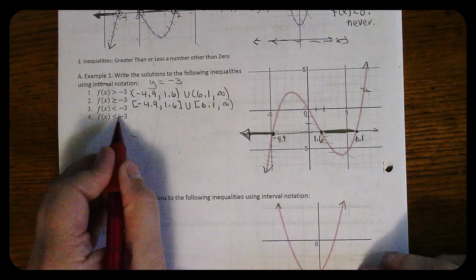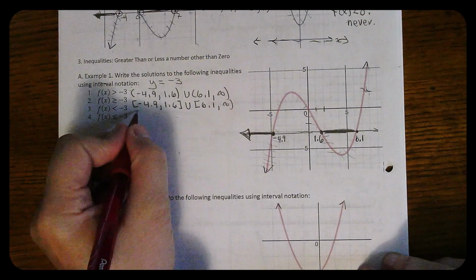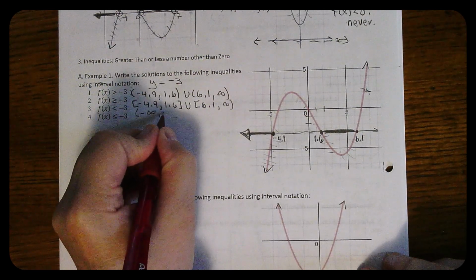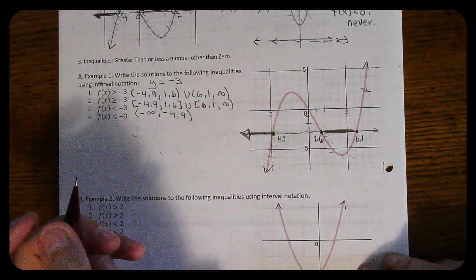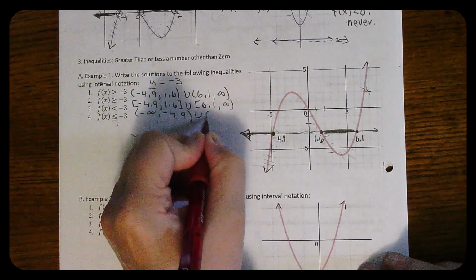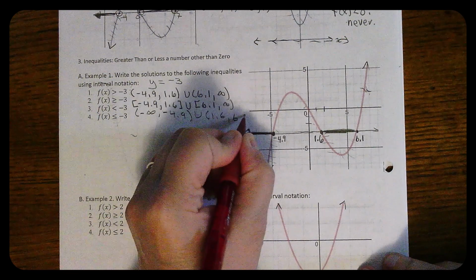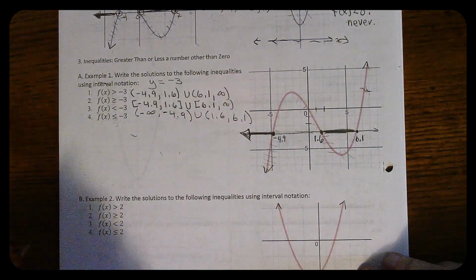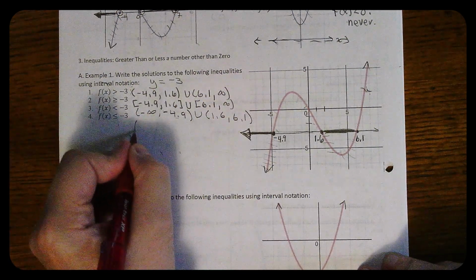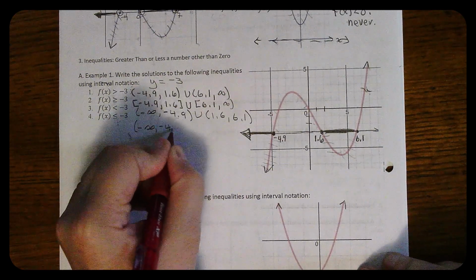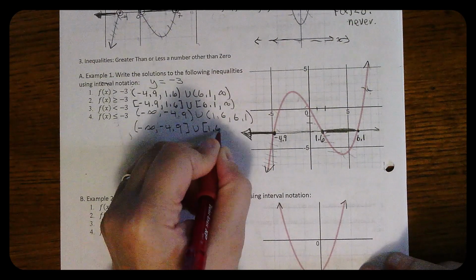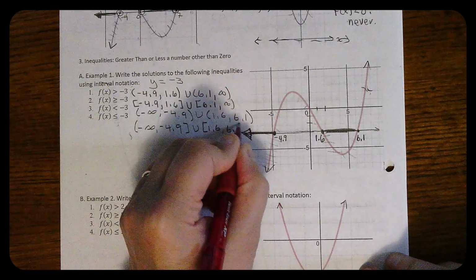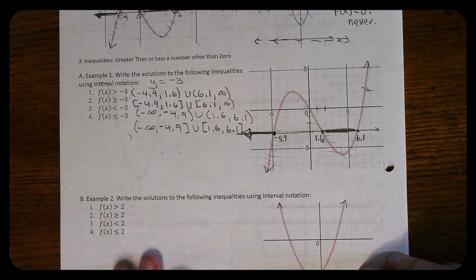But it just says less than, so we have -infinity to negative 4.9 parentheses, because I can't include that. That's where it equals -3. Union parentheses 1.6 to 6.1. The only difference between 3 and 4 is now I get to add the brackets on those intersections because that's where they equal negative 3. All right, so you try this one and come back.